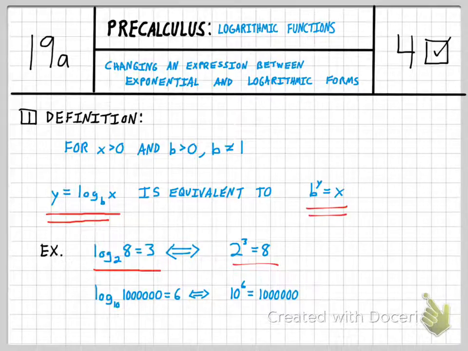Second example, log base 10 of 1,000,000 equals 6. An equivalent expression is 10, your base, to the exponent 6 equals 1,000,000. I've got a little trick to help with working back and forth, but one thing to remember anytime you see a logarithm is it can be rewritten as an exponent.